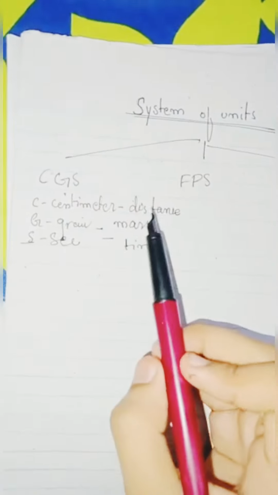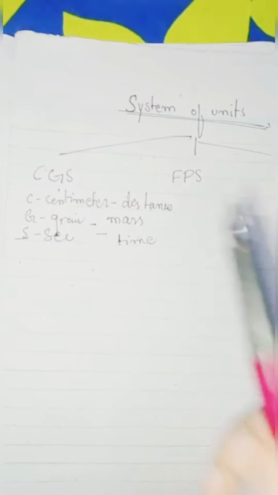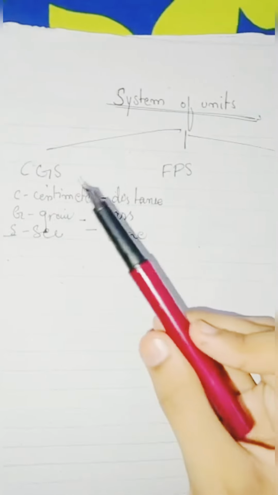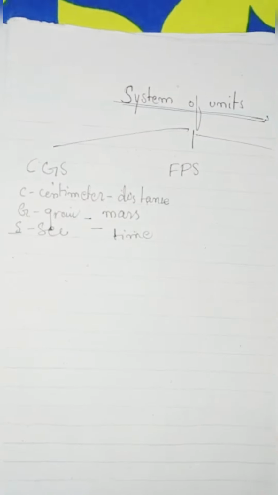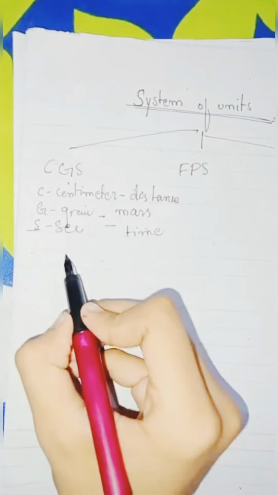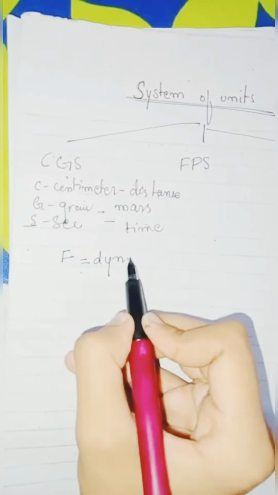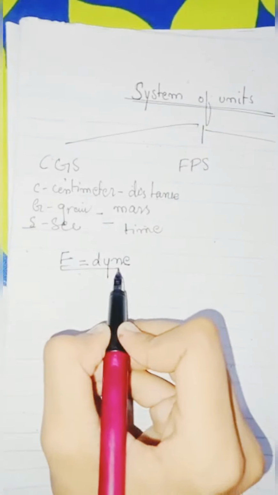These three are the fundamental quantities in CGS system, and the remaining quantities are derived quantities. For example, force is a derived quantity, and the unit of force in CGS system is dyne.